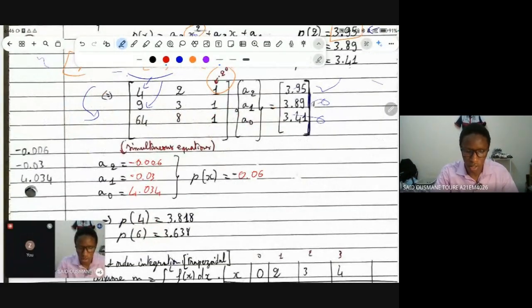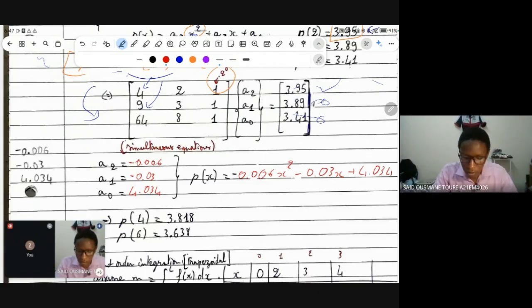0.006, sorry, every time again. 0.06, it looks like a 6. Okay? This one is X squared minus 0.03X plus 4.034. That's it.